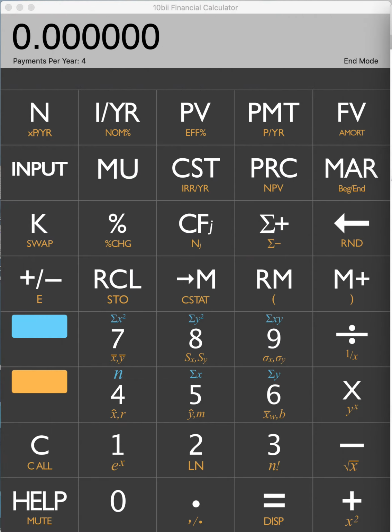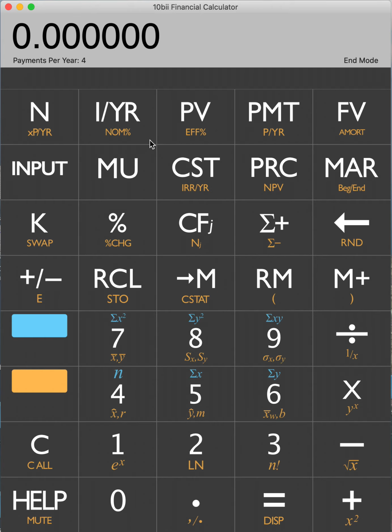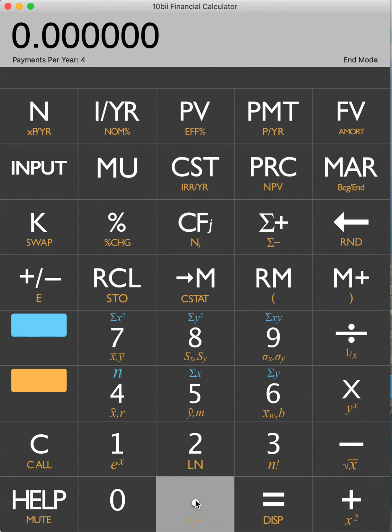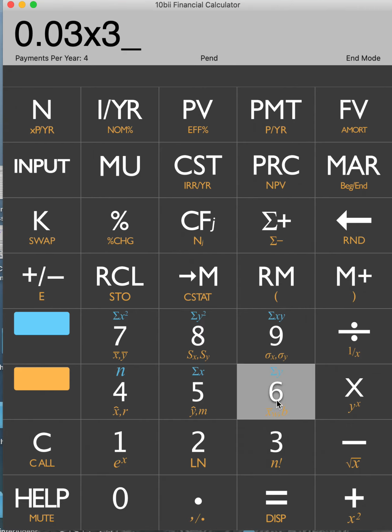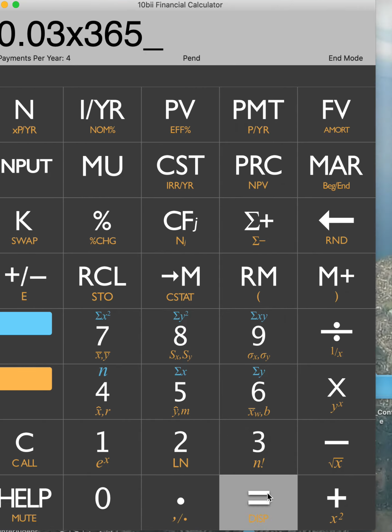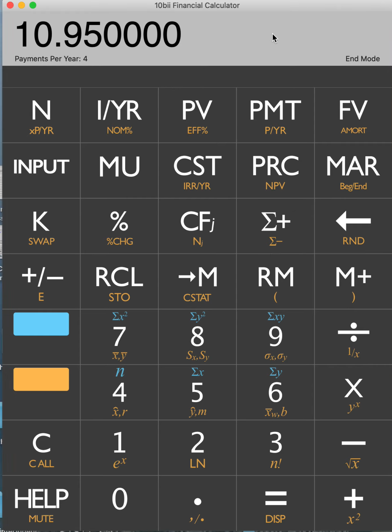Okay, so let's look at it. You've got your sheet of paper in front of you. So what do I do to begin with? Clear all. And I do 0.03 times 365. And that gives me 10.95. And that is my nom.